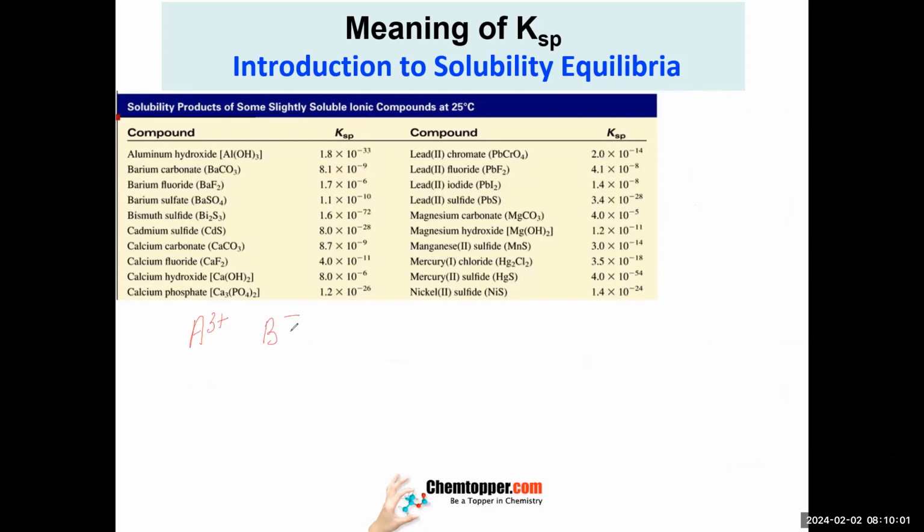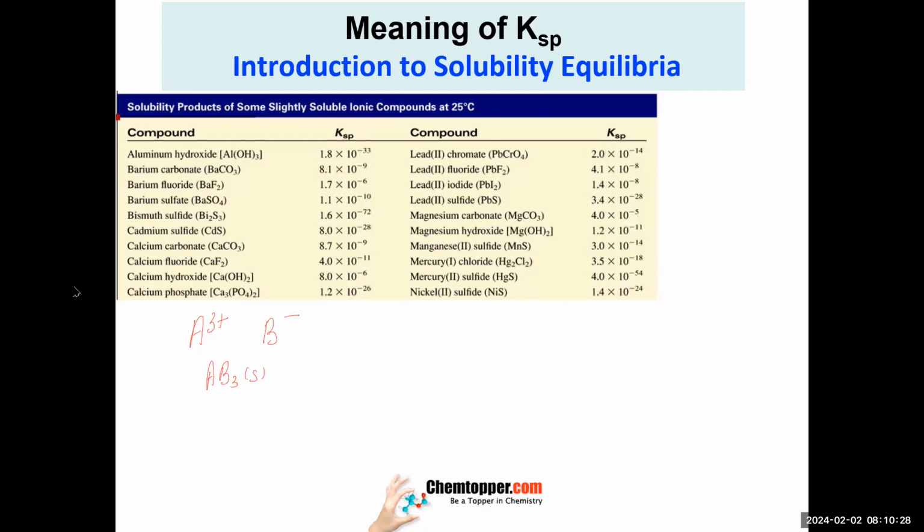I want all of you to type here. A3+ and B1-. Yes, AB3.